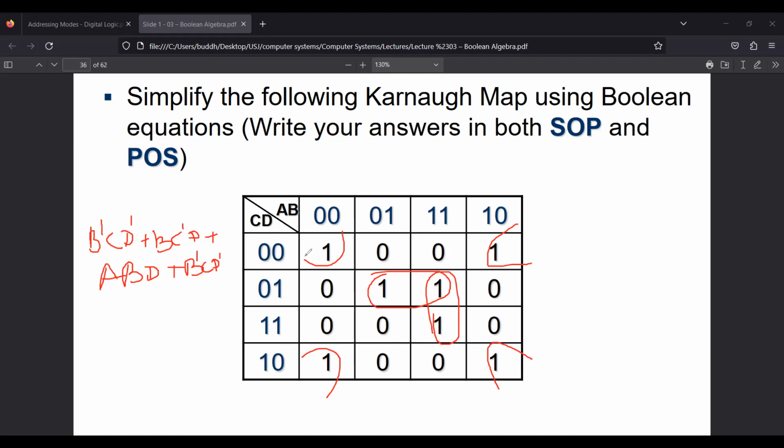Then here C D, and here D is not going to change, this one and this one. So it is D bar. And from here 0 0 or 1 0. So B bar, right? From using this one.